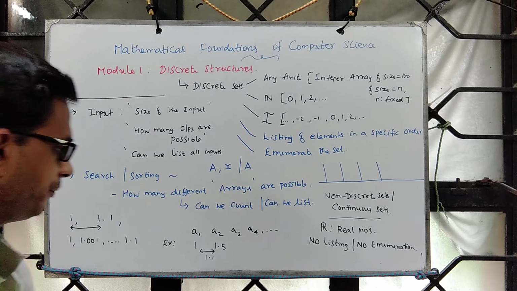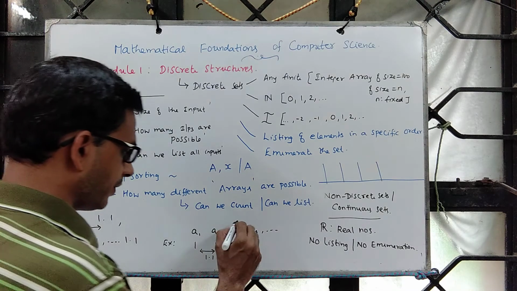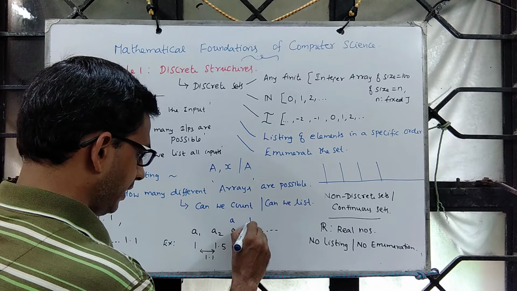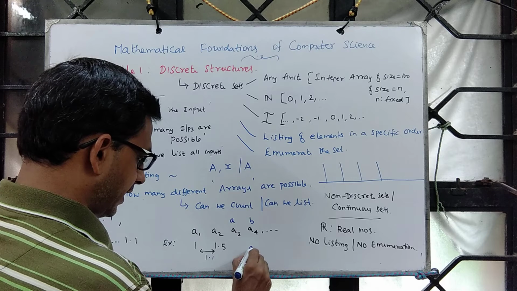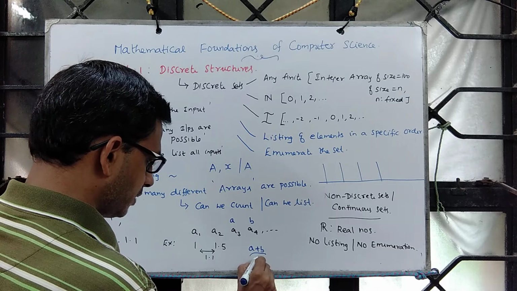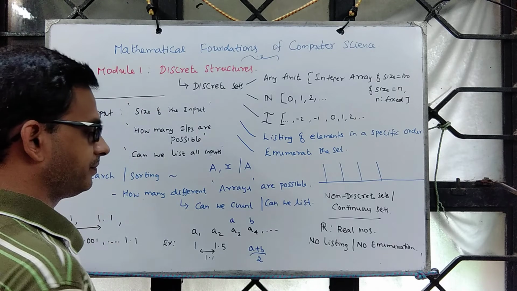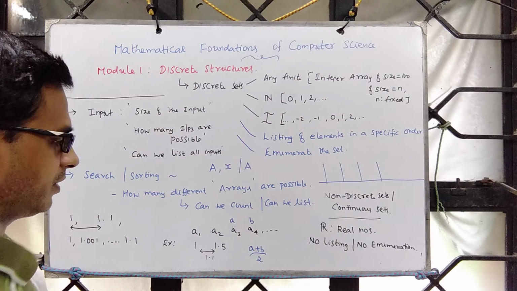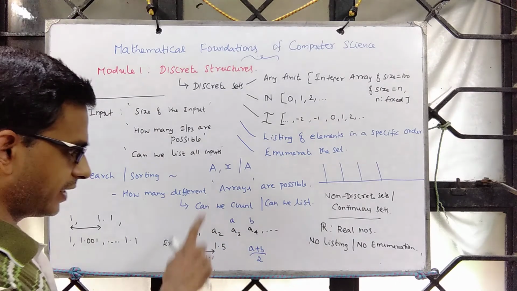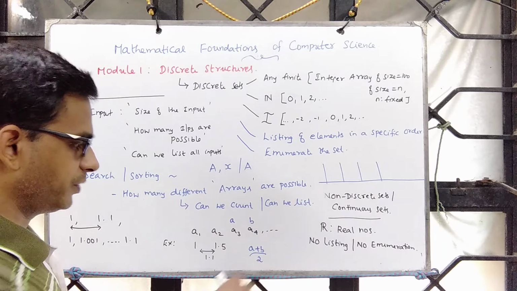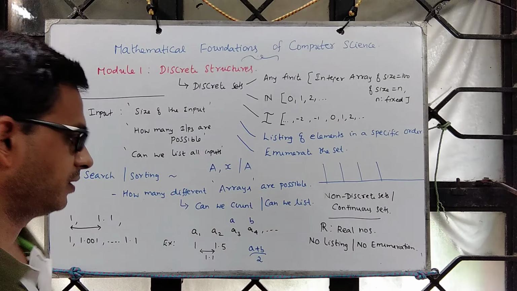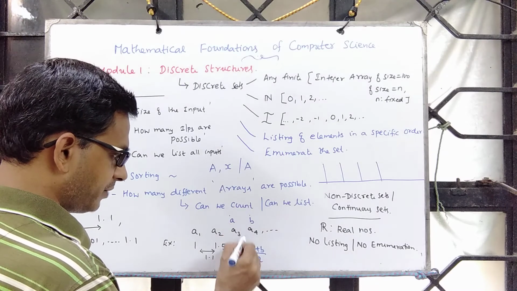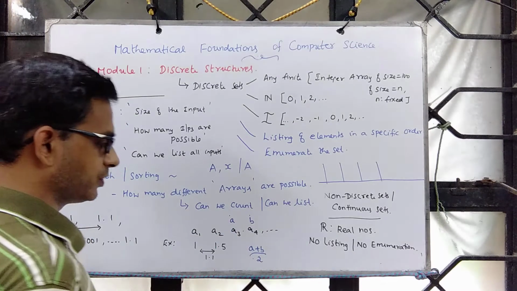In fact, if you take any two real numbers, say A and B, you get to see that (A+B)/2 is also a real number. Again, if you take A and (A+B)/2, you get to see that again their average is also a real number, which is between these two.